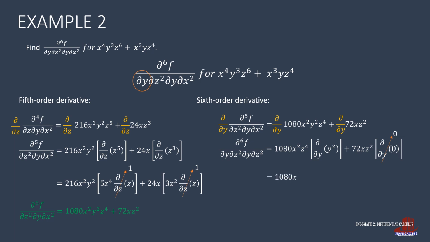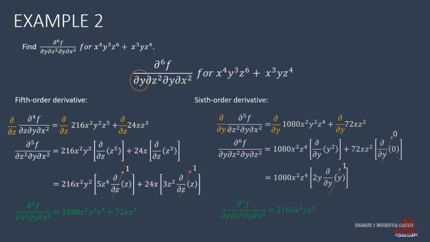So, the derivative becomes 1080 x squared z raised to 4 times 2y with the derivative of y, where dy over dy is 1. Finally, the sixth partial derivative of the function f with respect to y, z, y, and x is 2160 x squared y times z raised to 4.